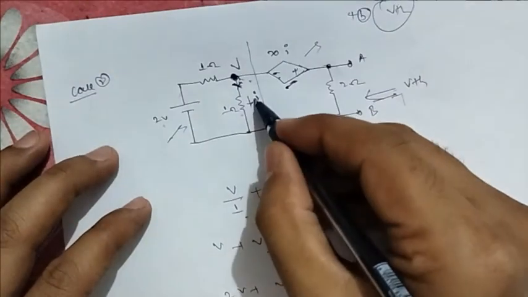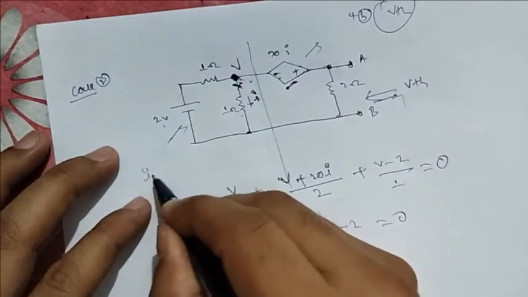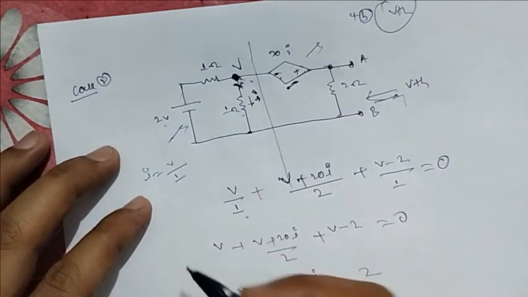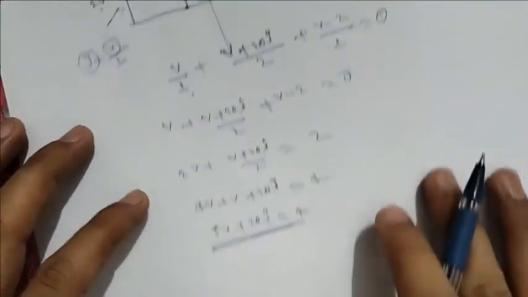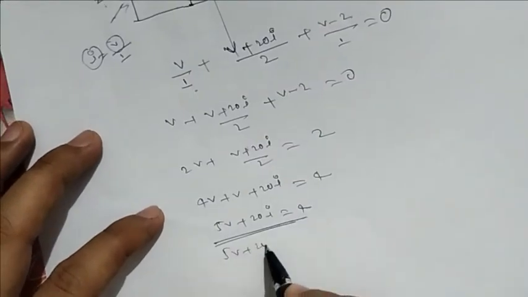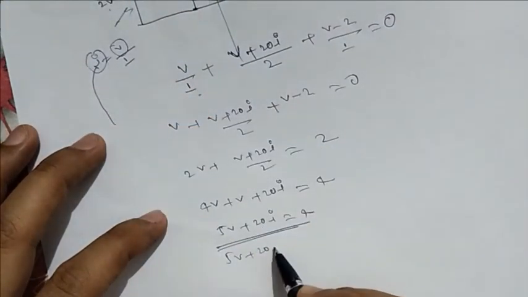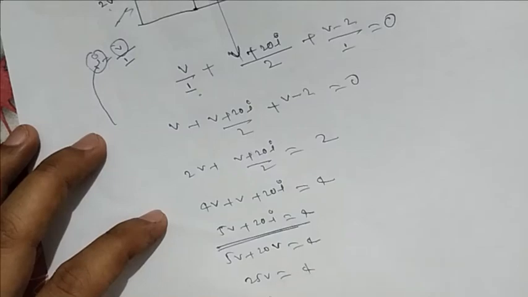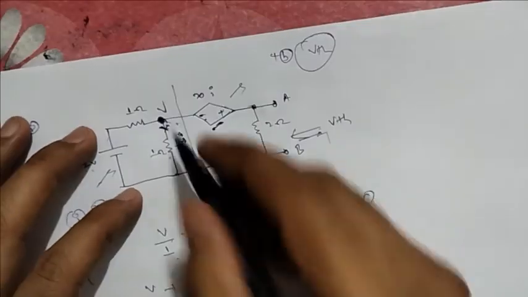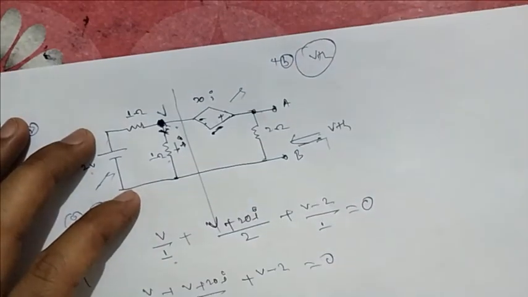Here if you see, I is nothing but V by 1, so we can replace I by V. Then 5V plus 20V is equal to 4, and 25V is equal to 4, V is equal to 4 by 25. Now this is the V, we got it.